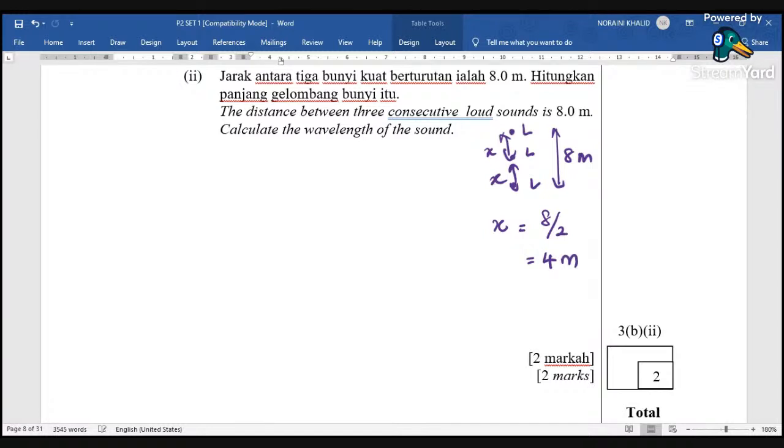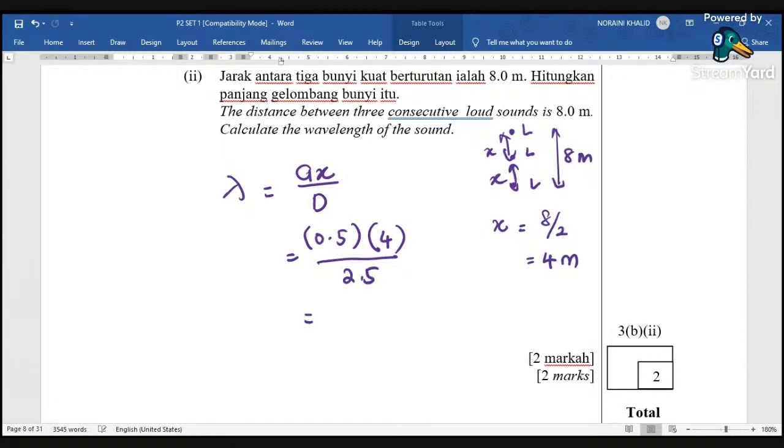Okay, so we want to calculate lambda. Lambda equals aX divided by D. Before you substitute, check the unit. All must be the same. So all in meter, then I just substitute: a equals 0.5 meter, X is 4 meter, D is 2.5 meter.